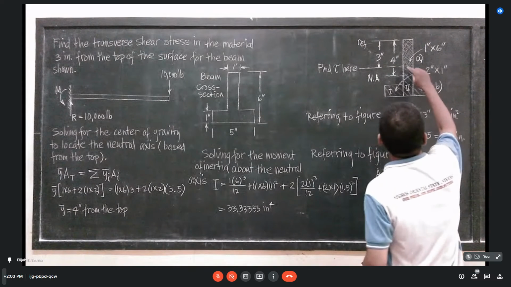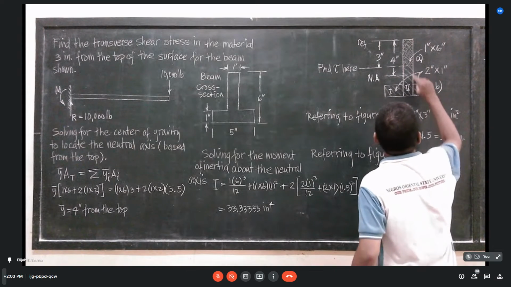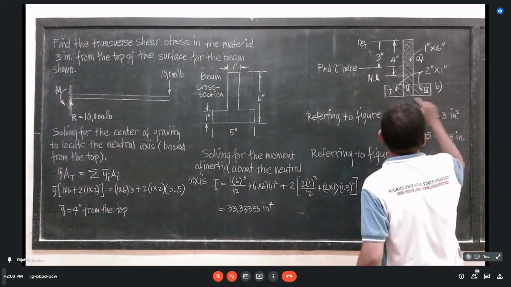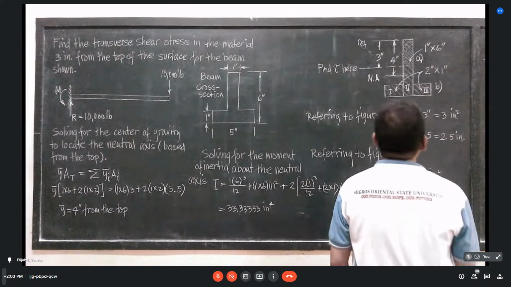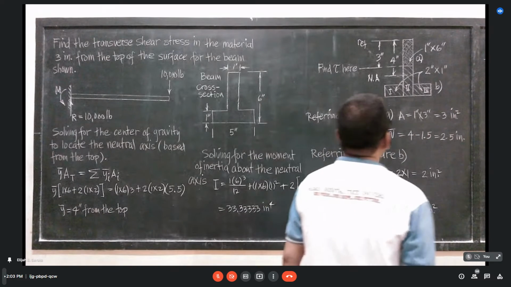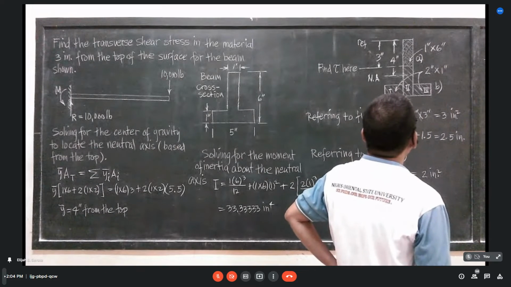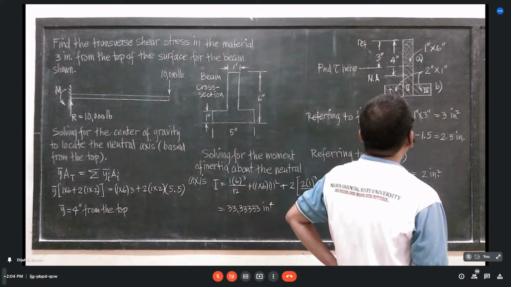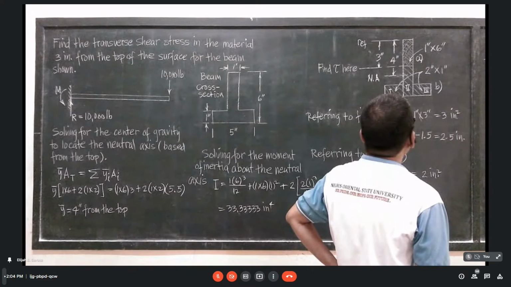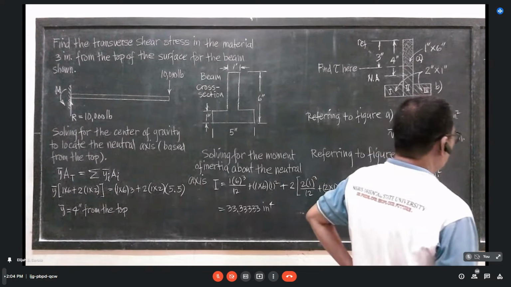It's either from here going to the top or from here going to the bottom on the outermost fiber. Which do you think is simpler? The top, sir. Okay, why is it the top?